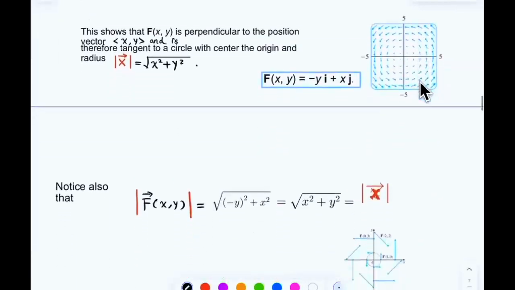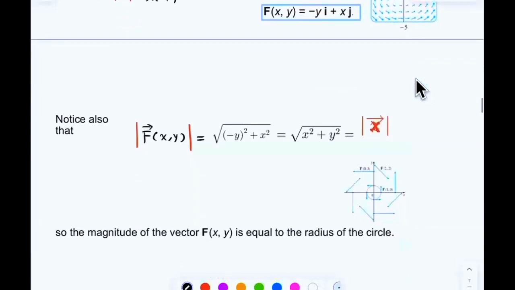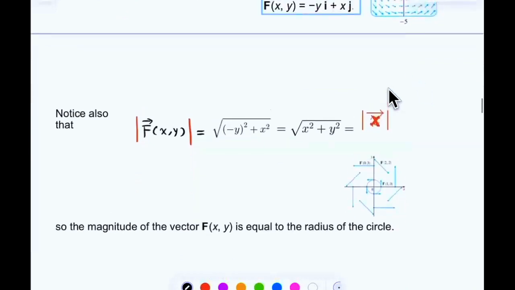Notice also that the magnitude of the vector associated with that point, if you do the calculation, turns out to be the same as the magnitude of the position vector.